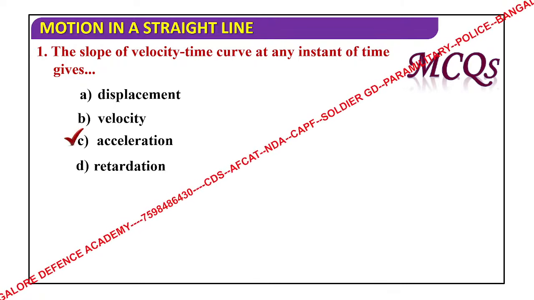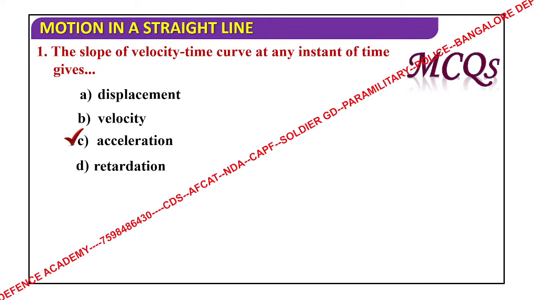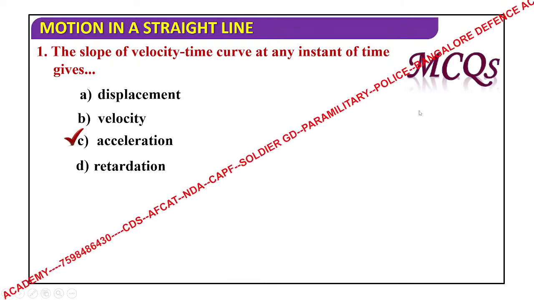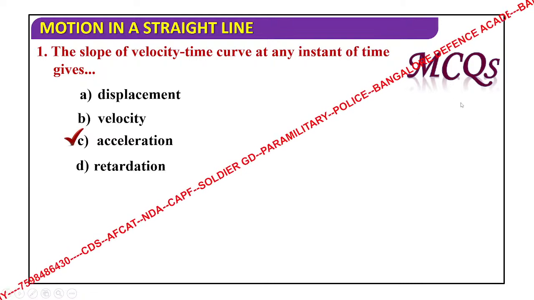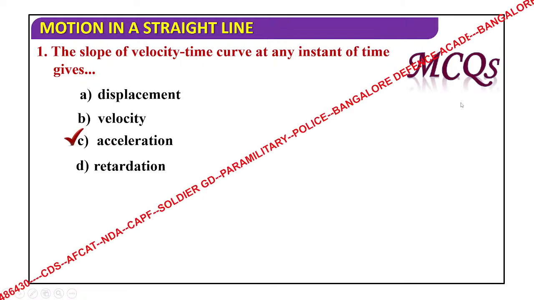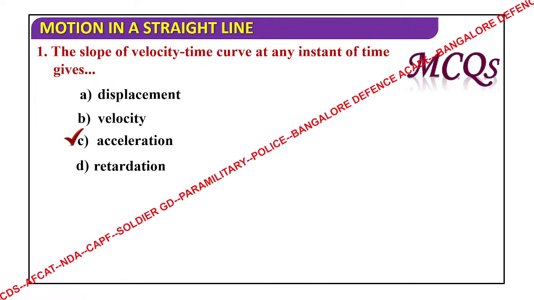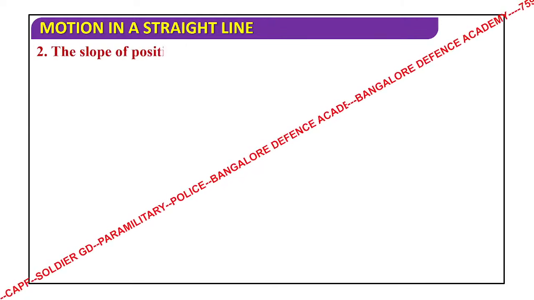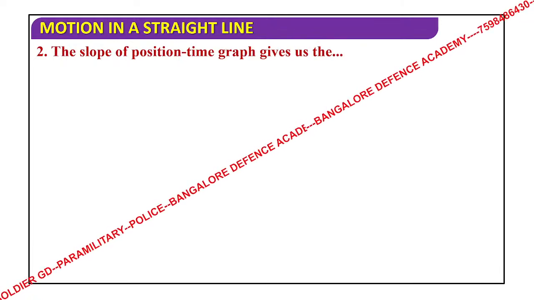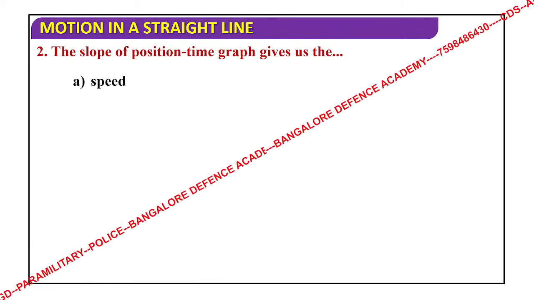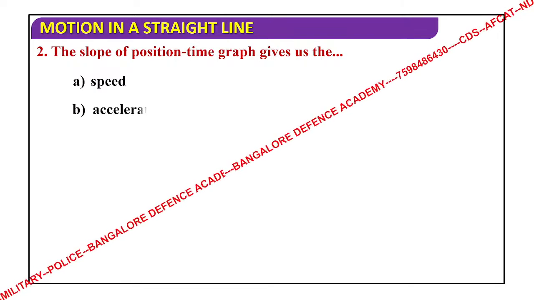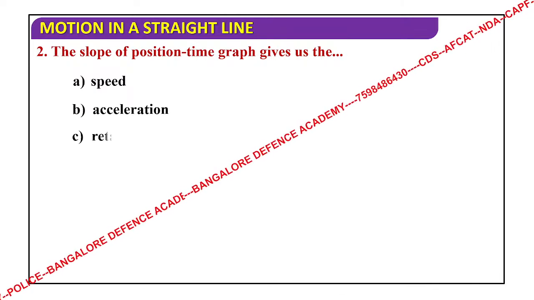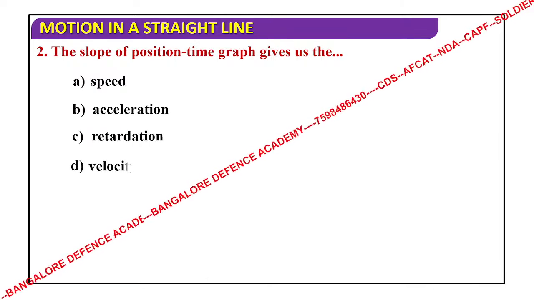So here you have acceleration, because we will get to know with the help of the graph how it is going to move, at what speed, what acceleration. Next, the slope of the position-time graph gives us: speed, acceleration, retardation, velocity.